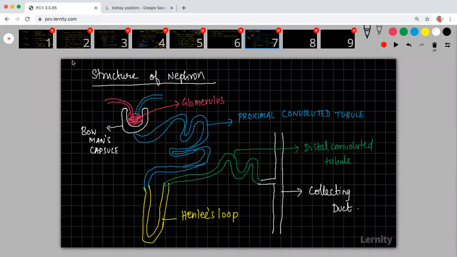It is called Henle's loop because of the person who found it.